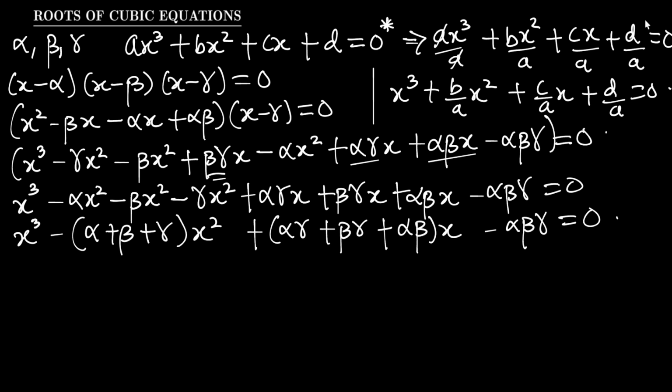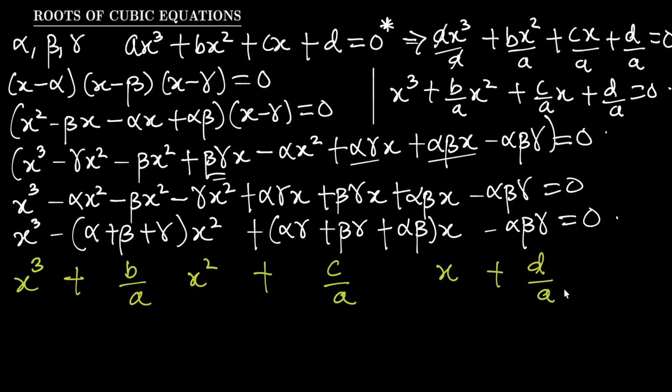So we can compare this with this. We can rewrite the general form as x cubed plus b over a x squared plus c over a x plus d over a equals 0.